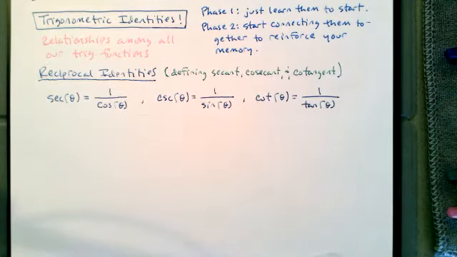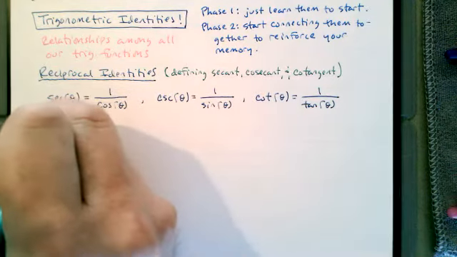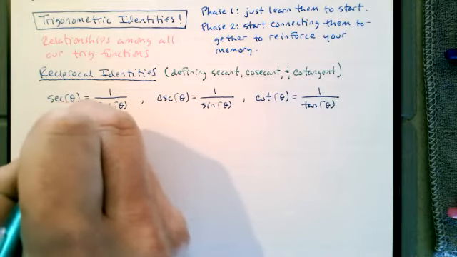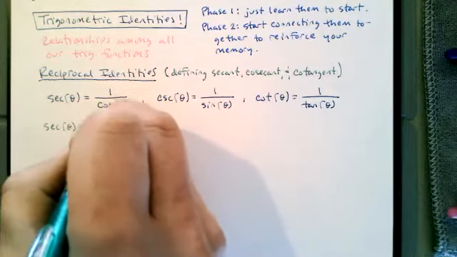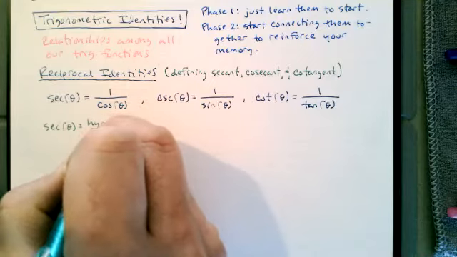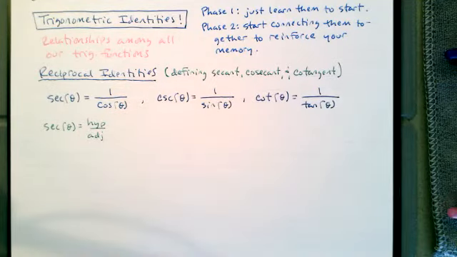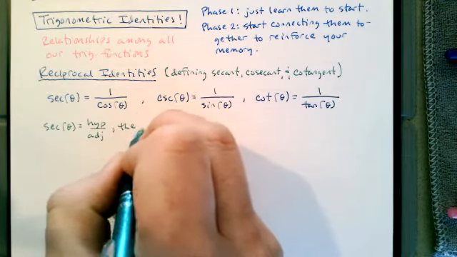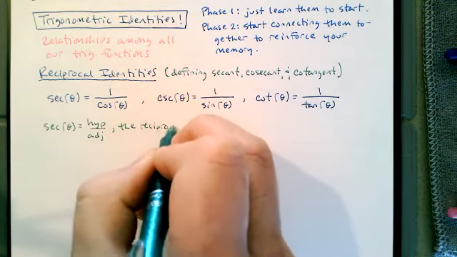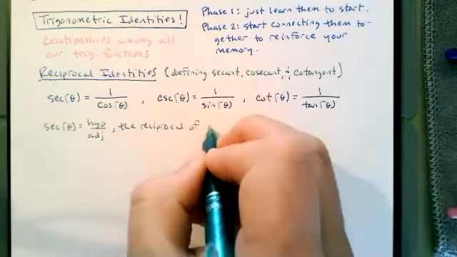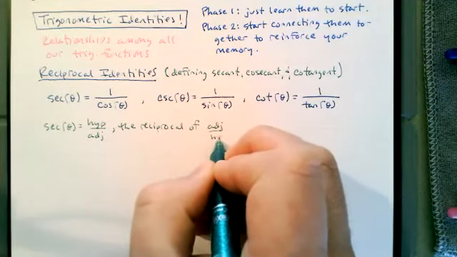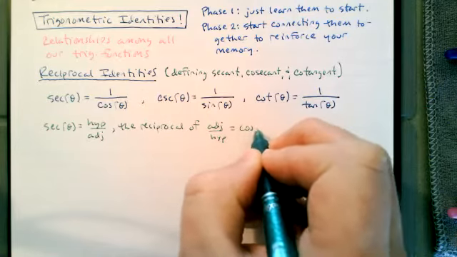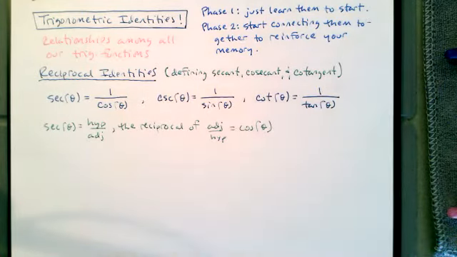So secant, maybe in our minds we're thinking, I remember secant theta being defined as hypotenuse over adjacent. And this is the reciprocal of cosine. So secant is the reciprocal of cosine.